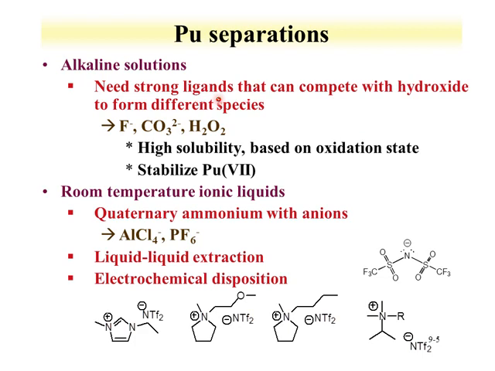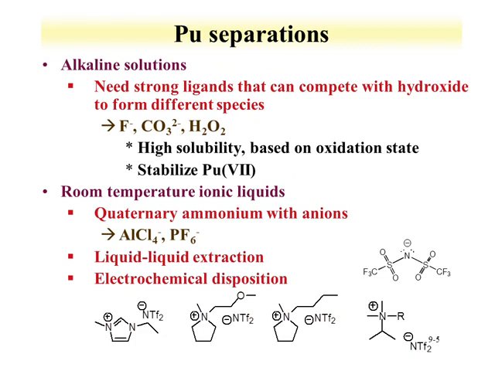You can get high stability based upon the higher oxidation states that can be achieved with plutonium, and there are also conditions where plutonium-7 can be stabilized, and this compound can be used in this species as a route for separating plutonium from metal ions in a solution. In particular with an alkaline system, you can get soluble plutonium species with precipitates of other metal ions.